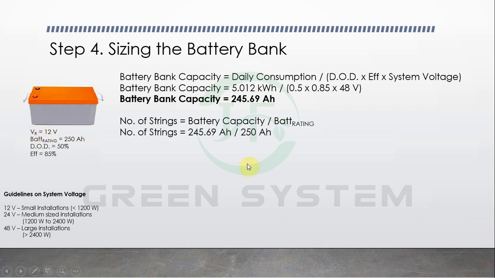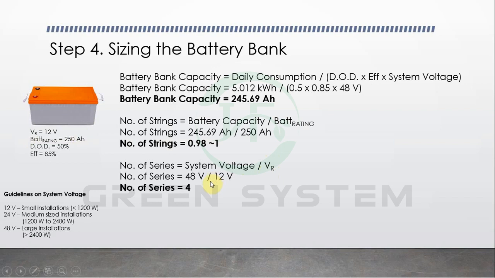So that's 245.69 ampere hours divided by 250 ampere hours. So number of strings will be 1. To compute for the number of series, we need to divide the system voltage by the voltage rating of our battery.